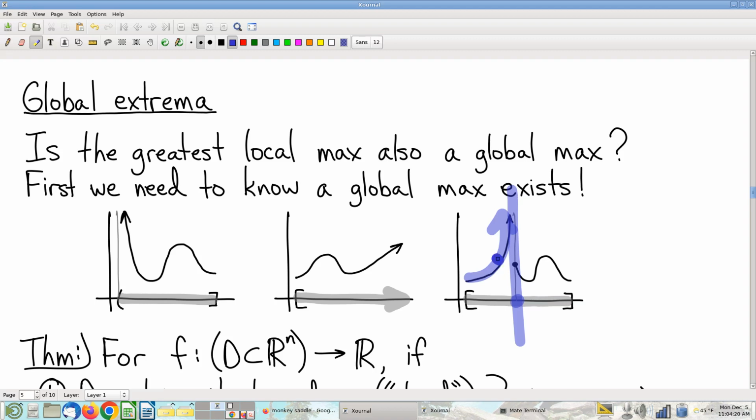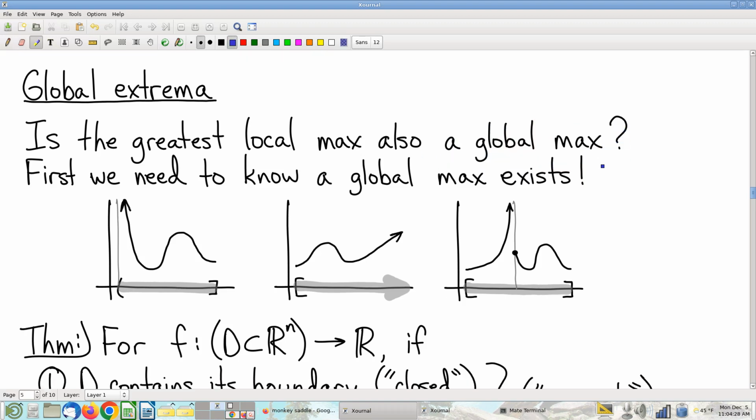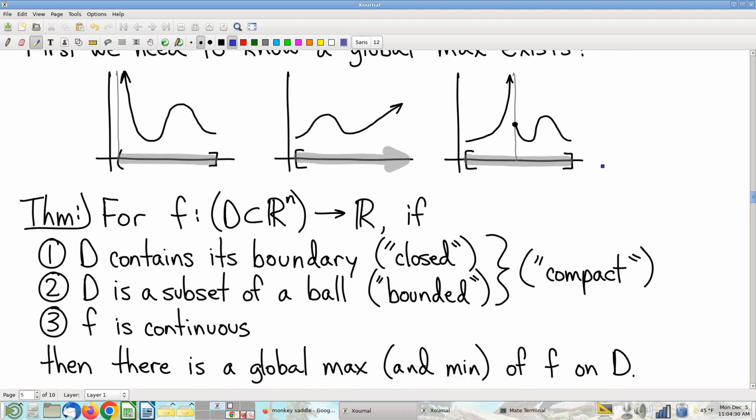Right? So there's all sorts of things that can go wrong in the question of, do I have an absolute maximum at all? It turns out these are the only three things that can go wrong, pretty much, right? The domain might fail to be closed. The domain might fail to be bounded.